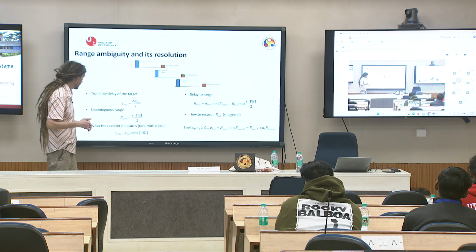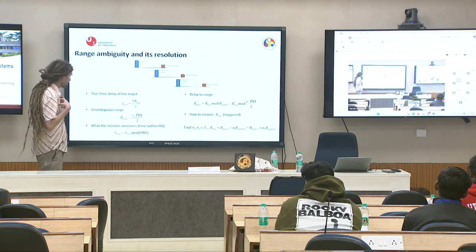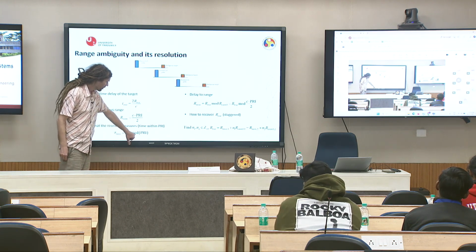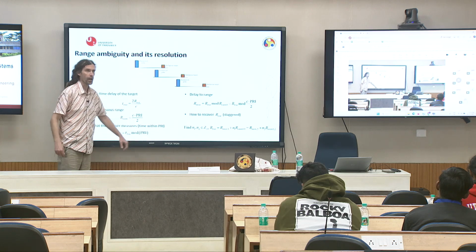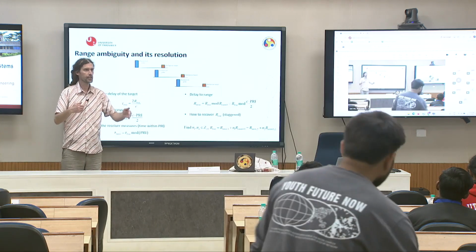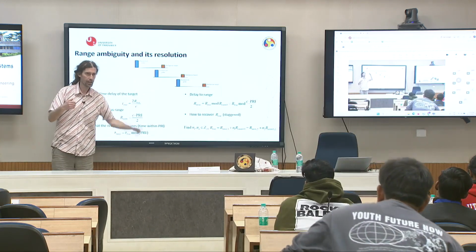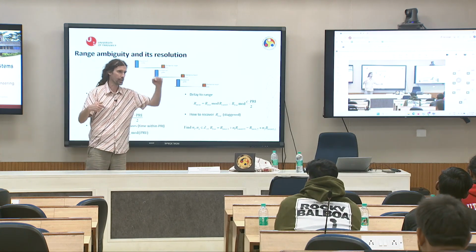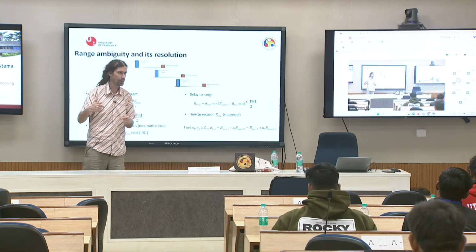We need to use stagger. But my measurement is tau true modulo PRI. Why? Because everything is shifted into my PRI, like aliasing, if you understand me, always into the base interval.